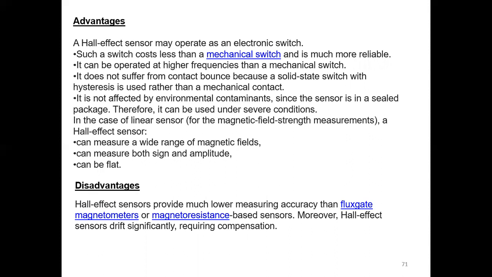The disadvantage is that the Hall effect provides much lower measurement accuracy than fluxgate or magnetoresistance based sensors, and Hall effect sensors drift significantly, requiring compensation. Applications of Hall effects: position sensing, direct current transformers, automotive fuel level indicator, and keyboard switch.